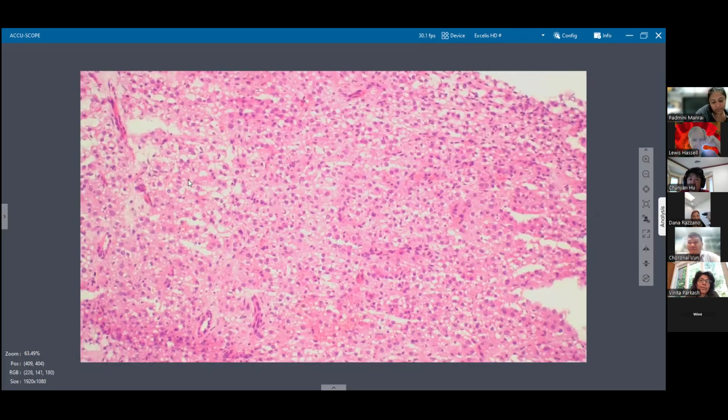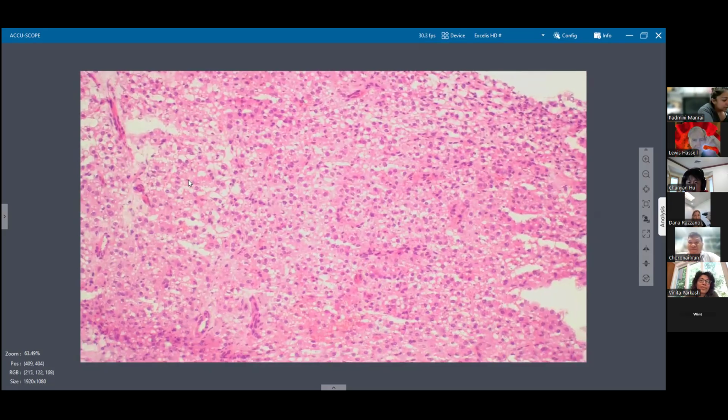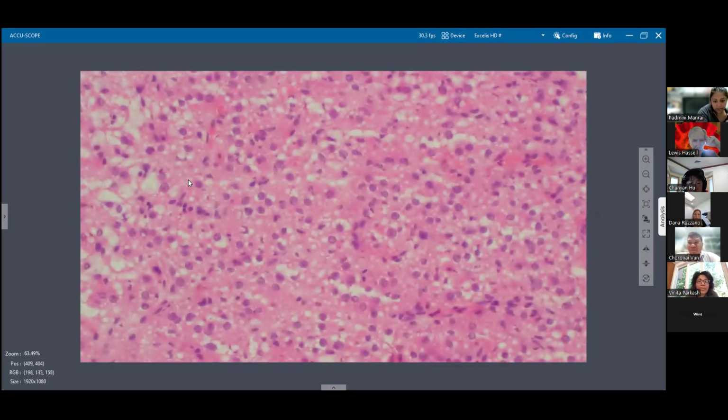But what I think is interesting, and we'll see when I get the permanents if this is what it ends up being: see how within a lot of these cells, there are tiny little cleared out, vacuolated spaces. These little white areas. That's not normal in ovarian stroma. And so I think this might actually end up being a steroid cell tumor.